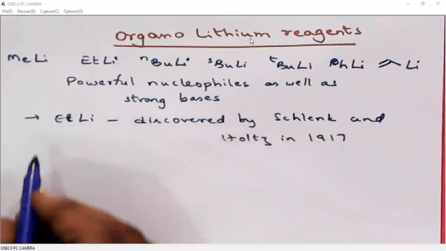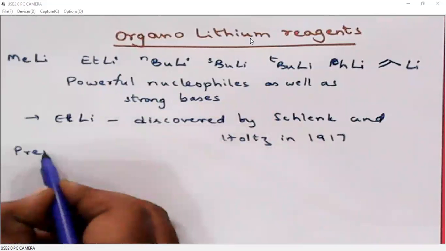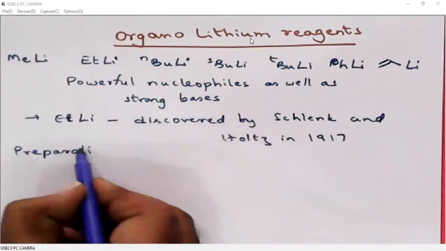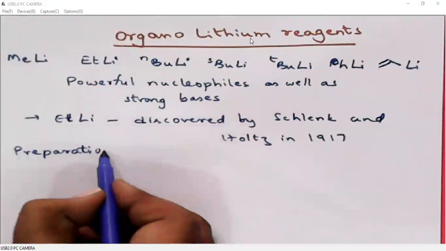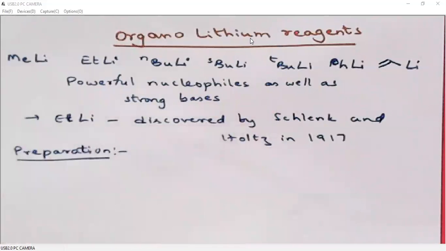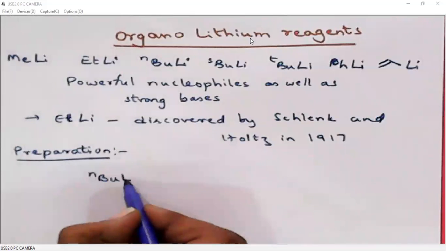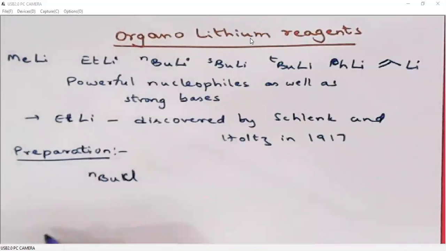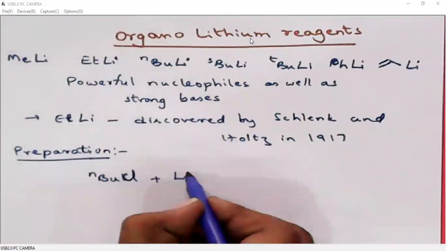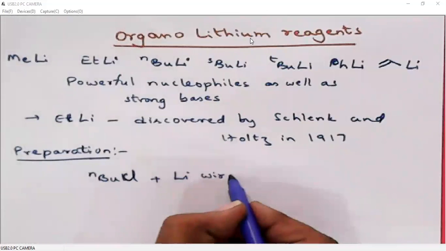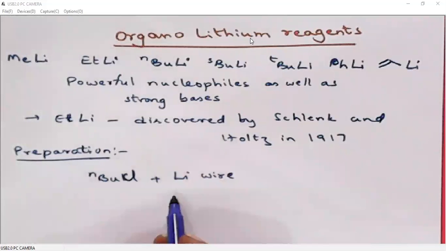Now we will look at the preparation of these reagents. Alkyl lithium reagents are prepared in a similar fashion to Grignard reagents. We take the corresponding alkyl halide and add lithium wire.